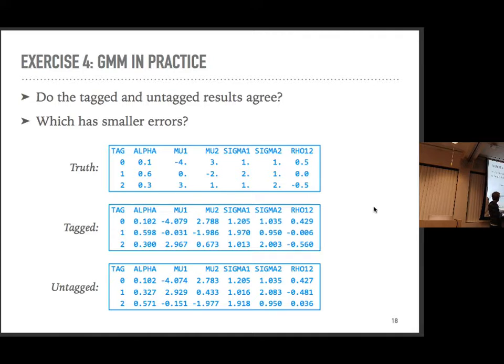And here's where we solve the much harder problem, which requires introducing those latent variables, using the untagged data, but in practice it's very easy because sklearn does all this work for us. So let's just look: 0.1, 0.102, 0.102, 0.6, 0.598, 0.3. What's going on there?